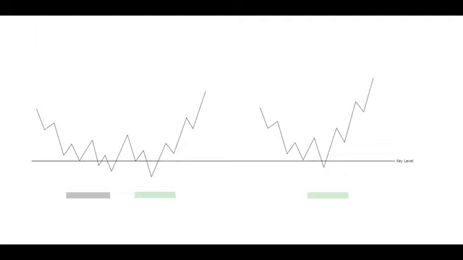It happens on every single time frame. Let's say if you are looking at it on a monthly chart, then that green area would represent a seasonal bullish tendency, right? So it all depends upon the time frame you are looking at, and based on the time frame, you can decide whether you want to choose a seasonal tendency, a kill zone, or whatever.